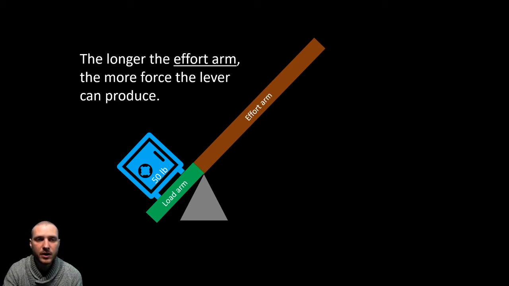A good way to look at this is the longer the effort arm, the more force the lever can produce. So the further I move this fulcrum over, the larger load I can lift. A famous quote by, I believe it was Archimedes, said he could move the world with a long enough lever. So basically, there's no limit to how well a lever can work besides how big you're able to make it.